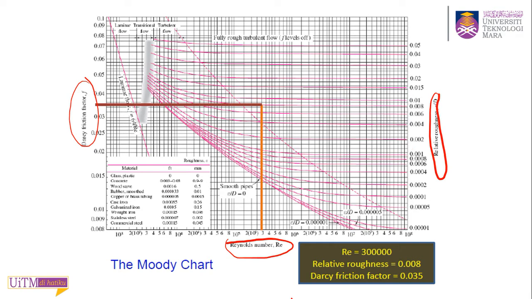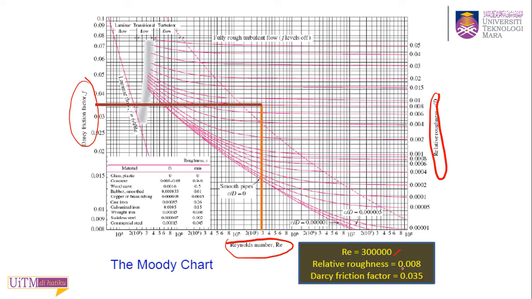So in this chart, they give you an example of how we can find the Darcy friction factor. Let's say you calculate the Reynolds number and you get 300,000. Obviously it is more than 4,000, so your flow is turbulent.